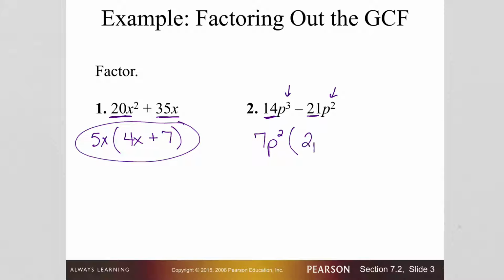And that is 2p. Now what times 7p squared would give you a negative 21p squared? And that is minus 3. And then again, you might want to go ahead and distribute to check your work, but this is the factored form of 14p cubed minus 21p squared.